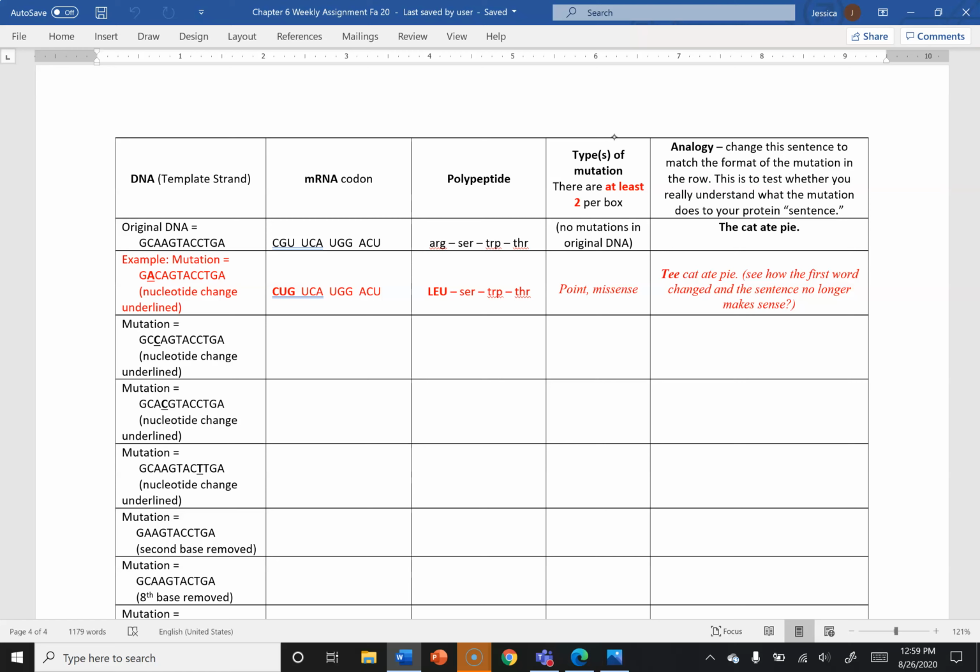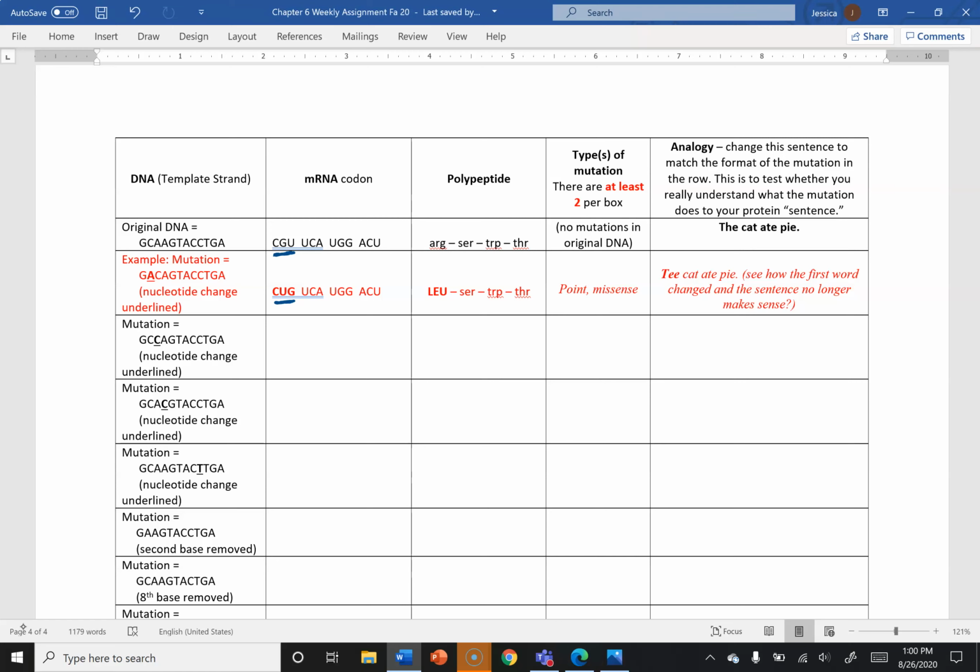So let's look at this example here. We have introduced a mutation where we have changed the second nucleotide. We've changed it from a C to an A. So when we make our messenger RNA, you're going to notice that there's a little change. We've gone from CGU to CUG.